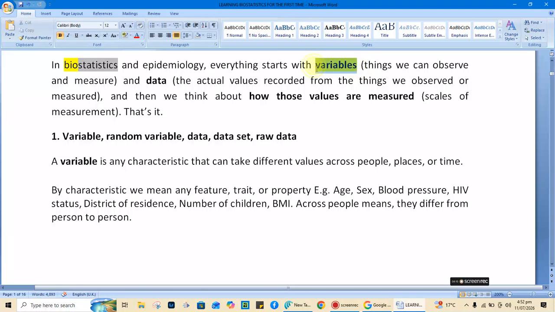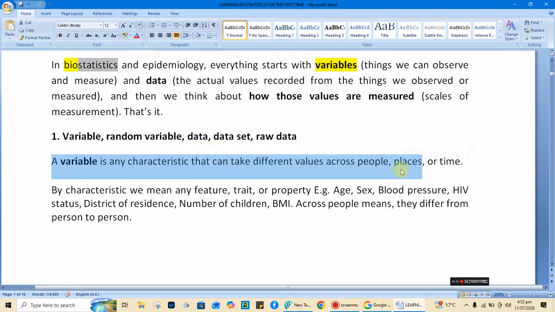Like I have mentioned, mnemonically, you can think of a variable from the quadratic equations. All of those letters in that equation were called variables. In this case, we're talking about words, anything that describes characteristics. So a variable is any characteristic that can take different values across people, places, or time.